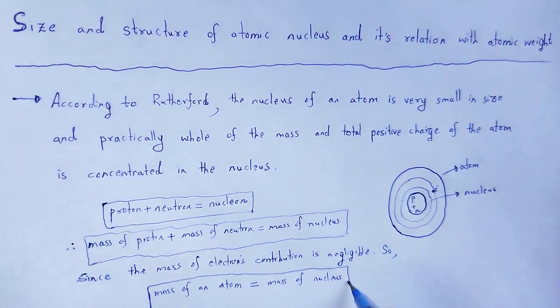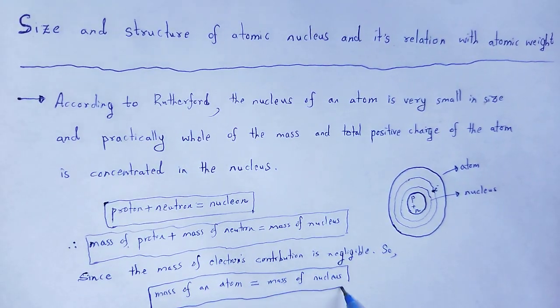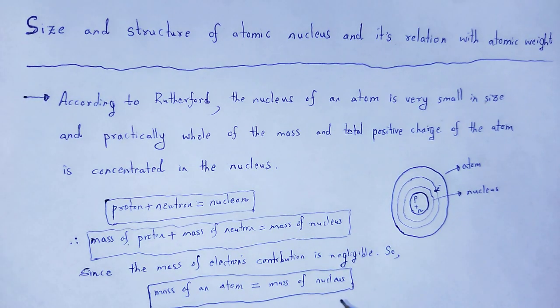Means the mass of an atom is defined as the mass of the nucleus, that is the mass of protons and the mass of neutrons, overall called nucleons.